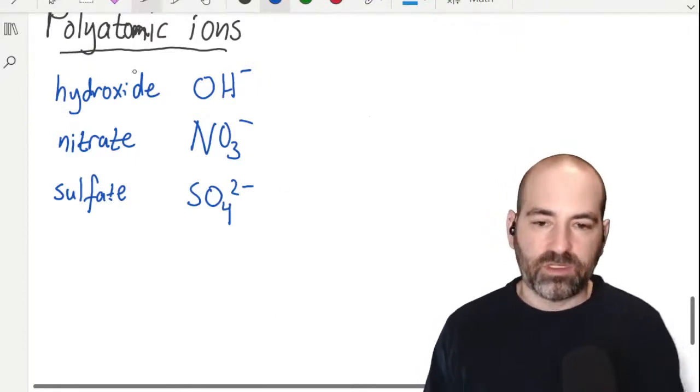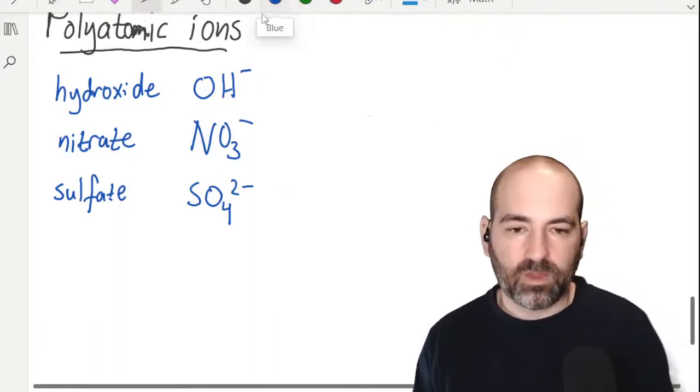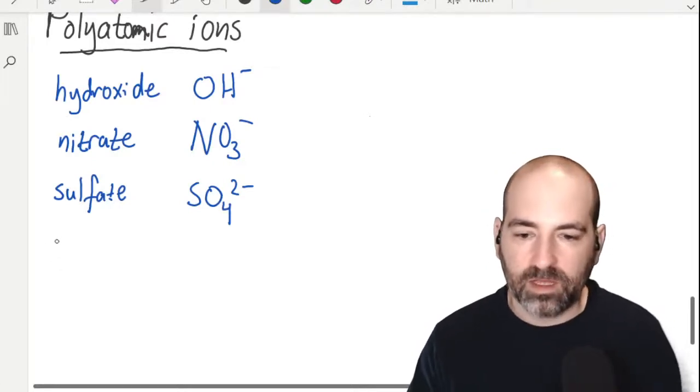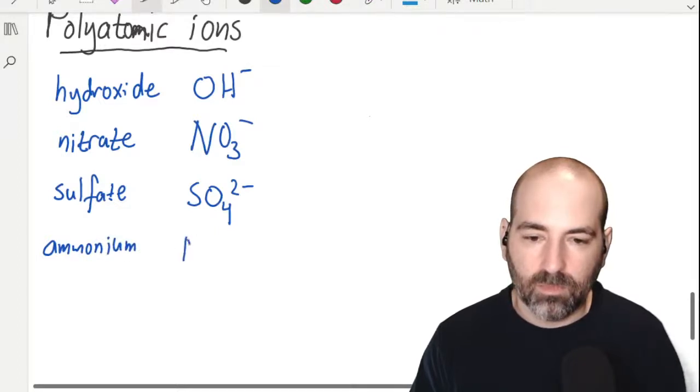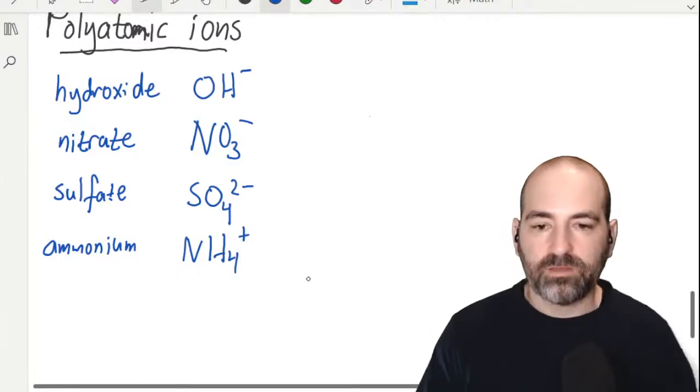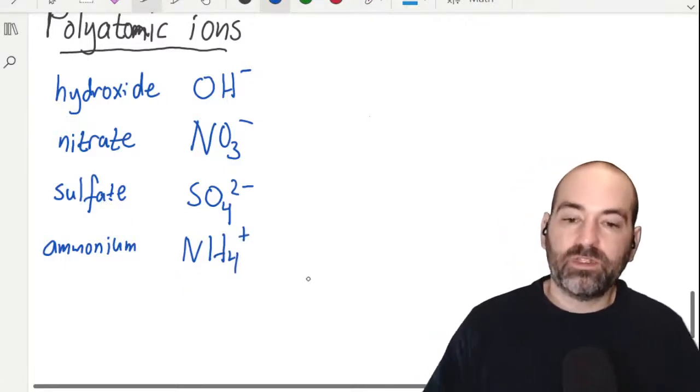There's a whole bunch. There's even some positive ones. Oh, I should have made these in red, I guess. There's ammonium, which is NH4 plus. So several different polyatomic ions.